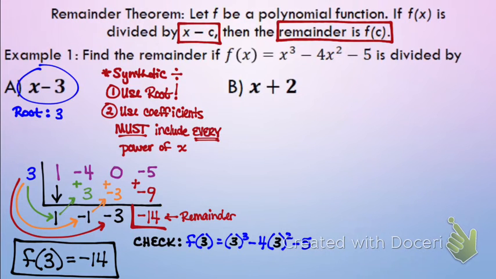What's 3 cubed? 27. Minus 4 times 3 squared. 3 squared is 9, so minus 4 times 9, minus 36, minus 5. 27 minus 36 is negative 9, minus 5, negative 14. F of 3 is equal to negative 14.